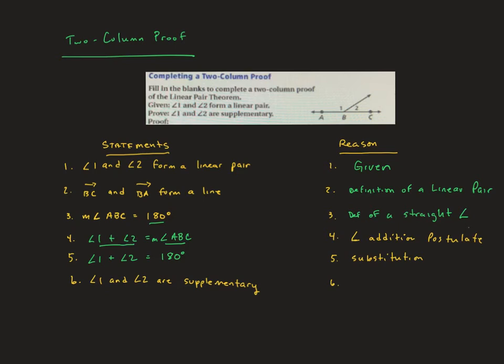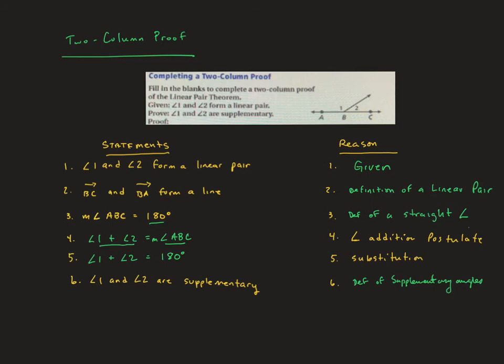And let's see what is next. It says angle 1 and angle 2 are supplementary, and I think they are supplementary because that is the definition of supplementary angles. Supplementary angles are equal to 180 degrees, and that is completing a two-column proof.